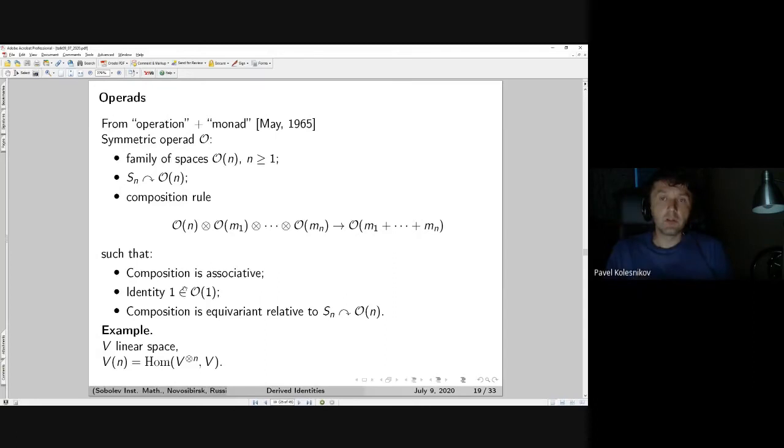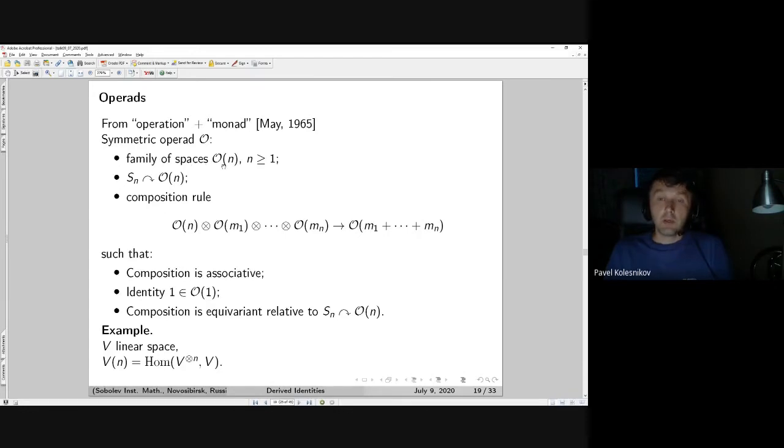We will consider the linear version. So in a linear version, all these sets of multi-morphisms, corresponding to an arbitrary natural number, are all linear spaces. By the way, the characteristic of the ground field is supposed to be 0. I forgot to say about that. From the very beginning, the characteristic of the ground field is 0.